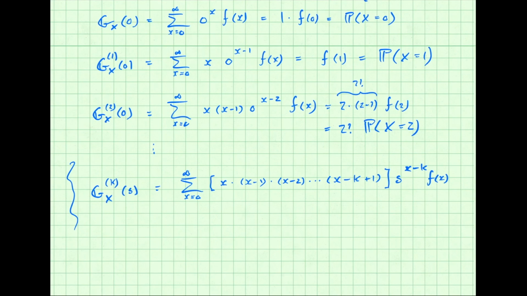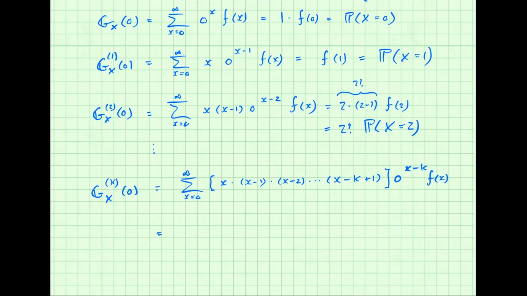Okay, and now lastly, we'll do the last line here. So evaluate this thing at 0. And again, this thing is evaluated at s equals 0. Everything is going to be made to vanish because of this term here, except when x is equal to k. So the only term that survives is x equals k.